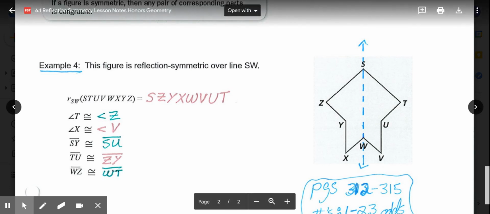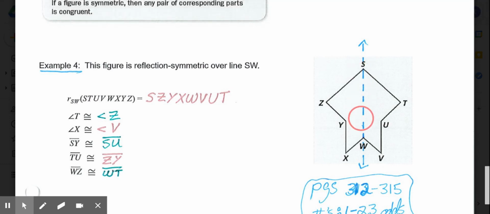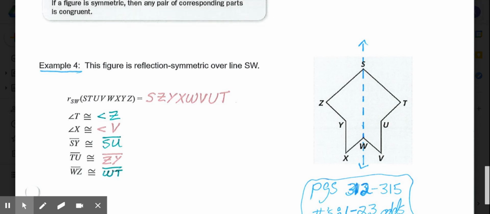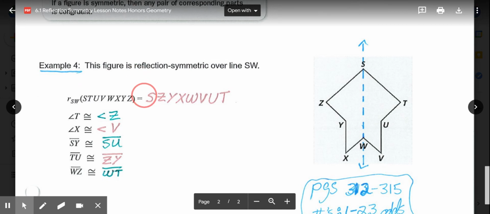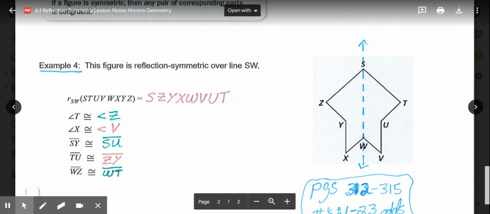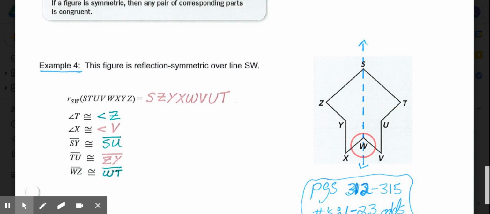So in this case, if I took figure STUVWXYZ and reflected it over the symmetry line SW, that would give me S, Z, Y, X, W, V, U, T, meaning the S still corresponds with the S. The T would correspond with the Z, U with Y, V with X, and W with itself.